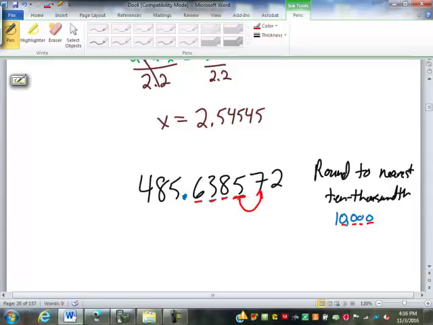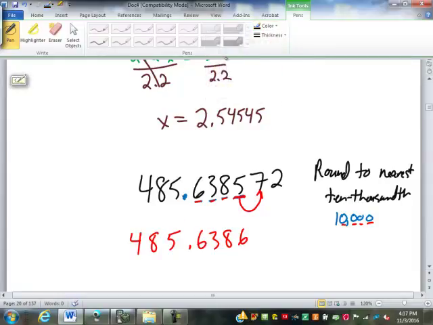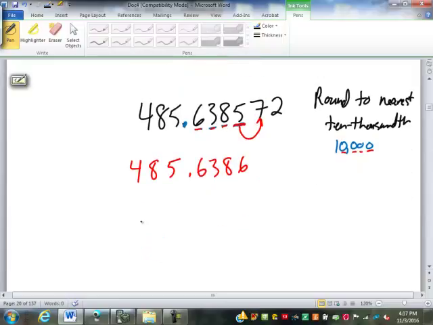The 7 tells me that has to go up to a 6. Everything else stays the same. That's it. Everything else after it is gone.